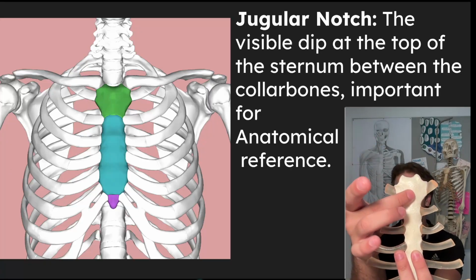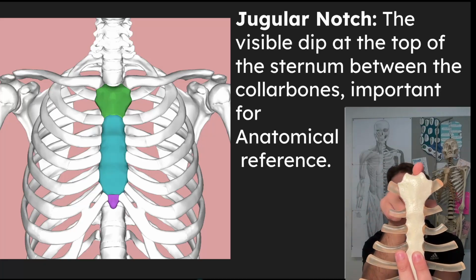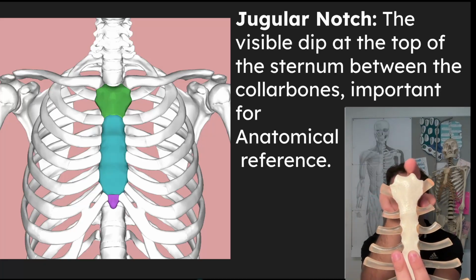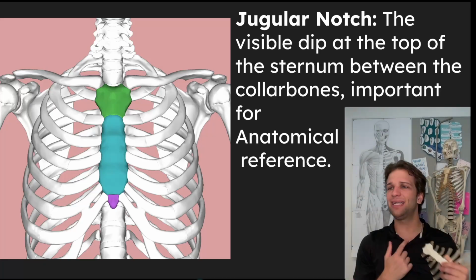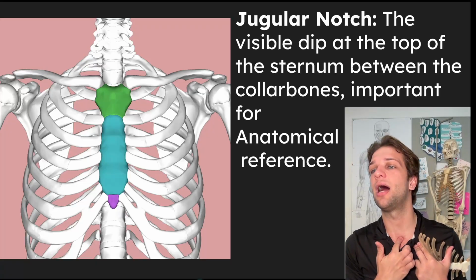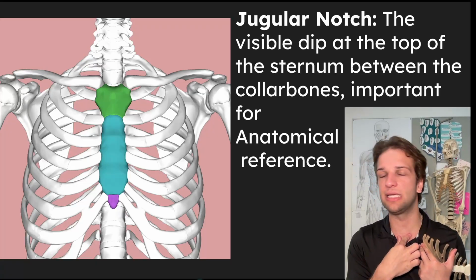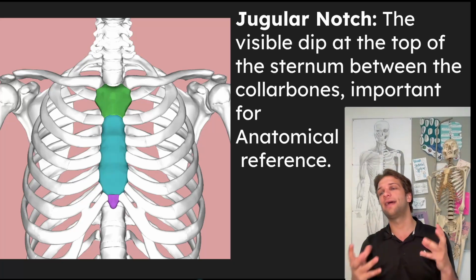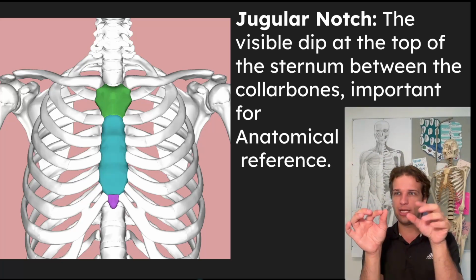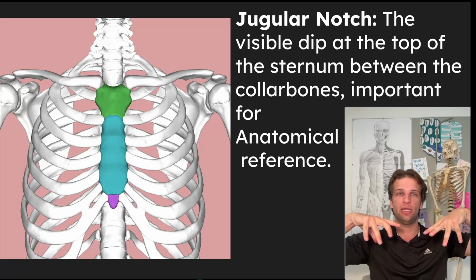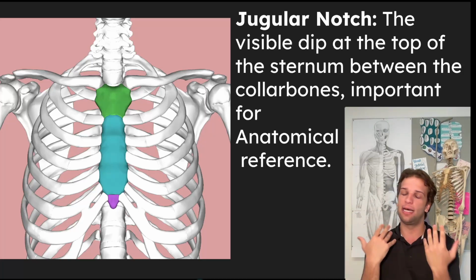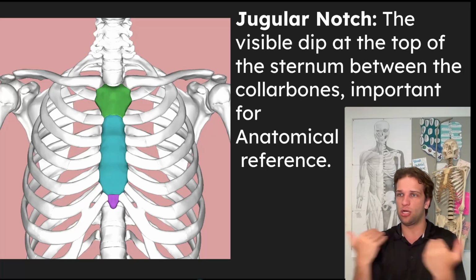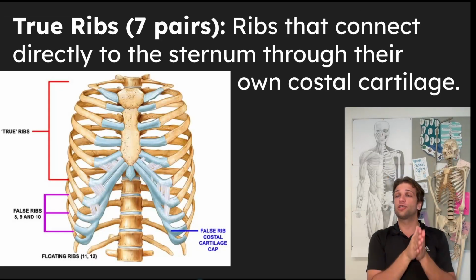And then see how there's this little divot right here? That is the jugular notch. And it makes sense that it's called the jugular notch. It's right at the top here. You can feel it pretty distinctly, right at your jugular. And that manubrium and jugular notch allows for the collarbone to connect to the sternum to make it all go around. So that is our sternum.